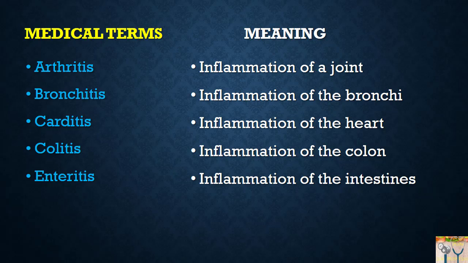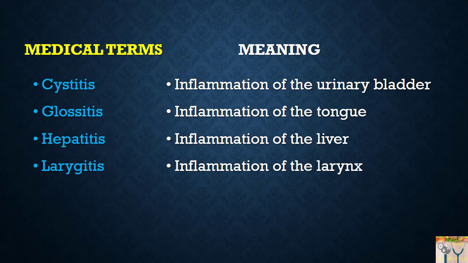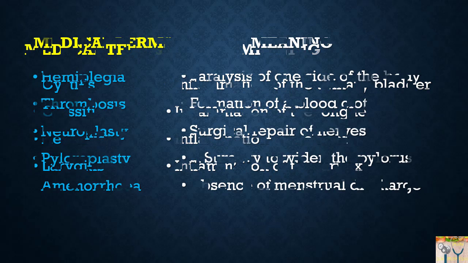And enteritis means inflammation of the intestines. Cystitis means inflammation of the urinary bladder. Glossitis means inflammation of the tongue. Hepatitis means inflammation of the liver. Laryngitis, inflammation of the larynx.